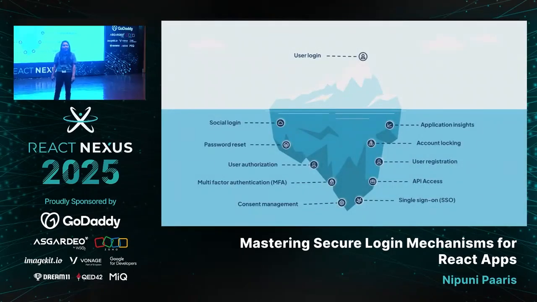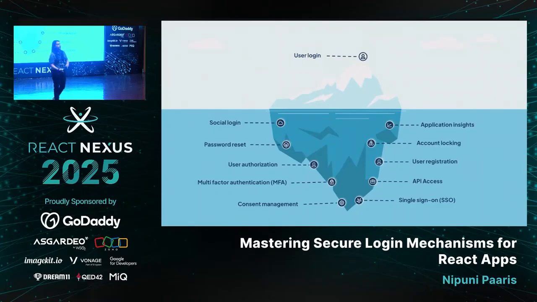In the good old days, user login was all about who has the most appealing or the most beautiful transitions, the most beautiful CSS, but it's no longer that, right? So the user login page is just the tip of a huge iceberg, and there are many things that you need to consider if you are developing an enterprise level application.